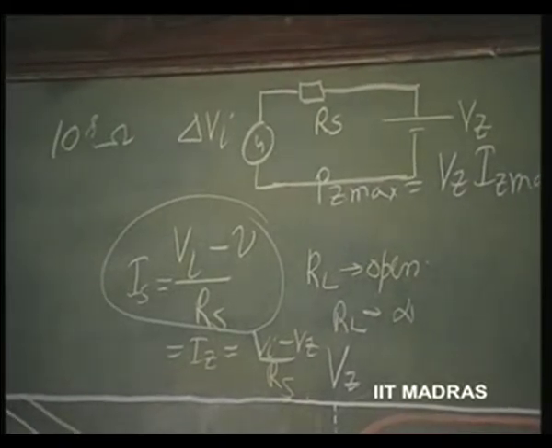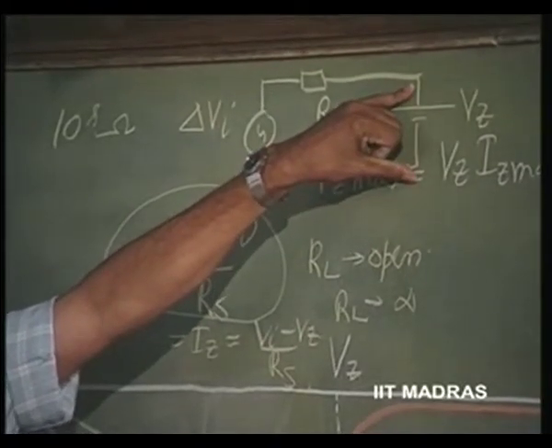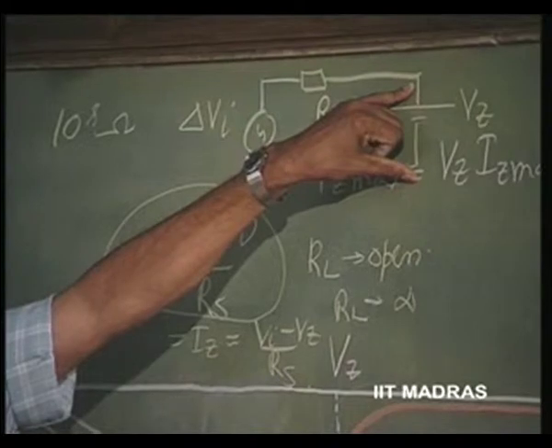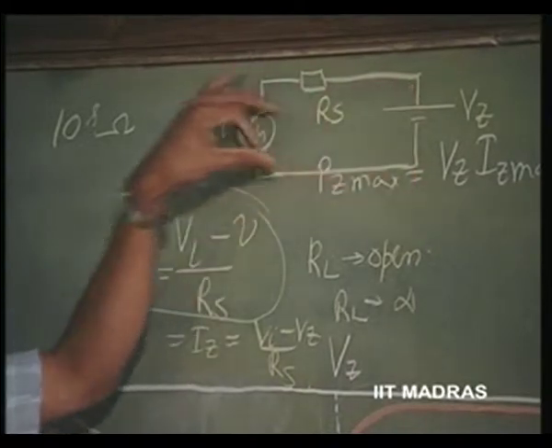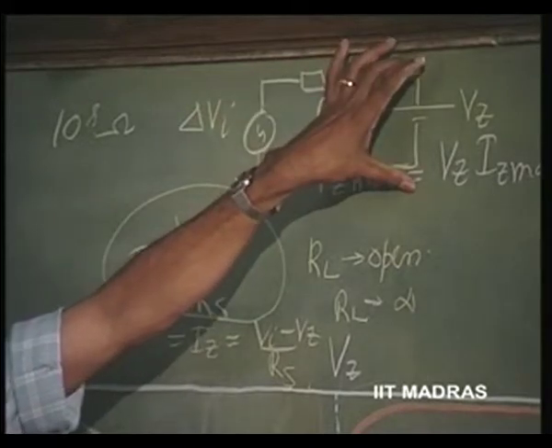So, no change occurs here at all in the voltage across the terminals of the Zener, irrespective of the current in this. So, you can always assume this to be constant.